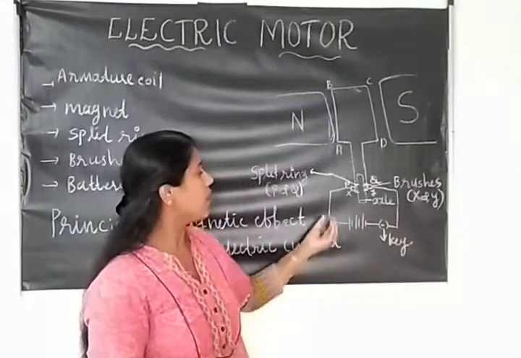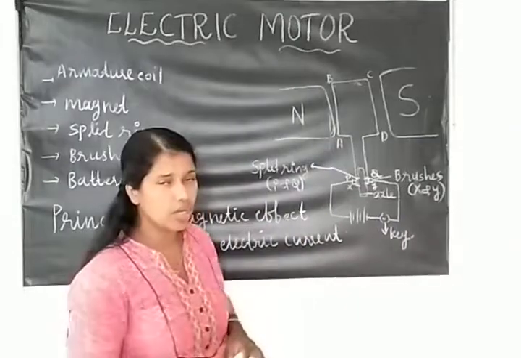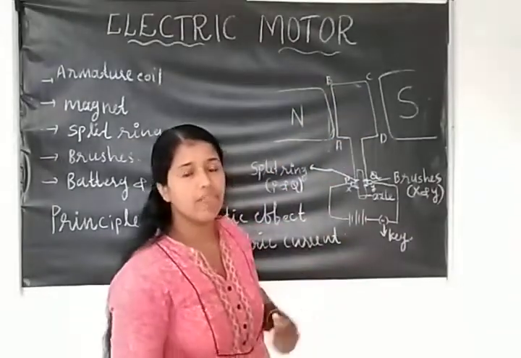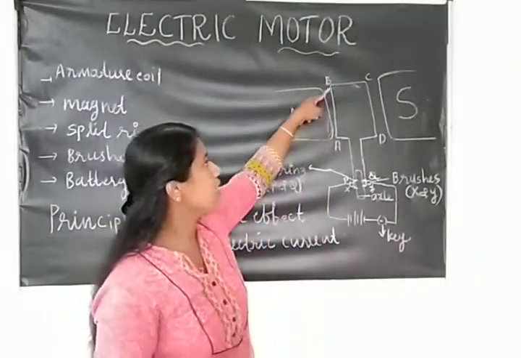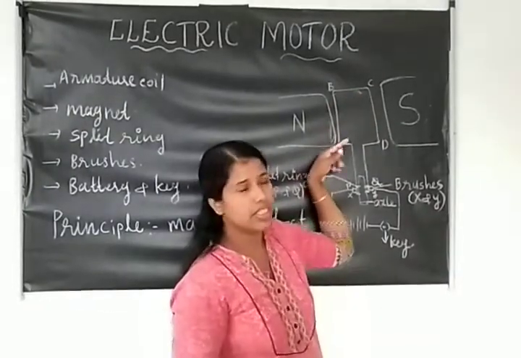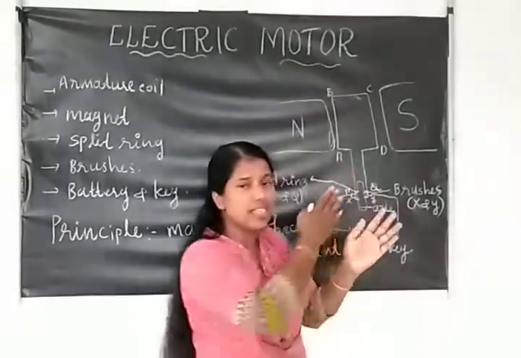Current passes through the circuit from the battery. The current direction is A to B, and on this side C to D. The force direction is just opposite: on one side it is downward, on the other upward. Due to this, the coil experiences a force and the axis rotates.